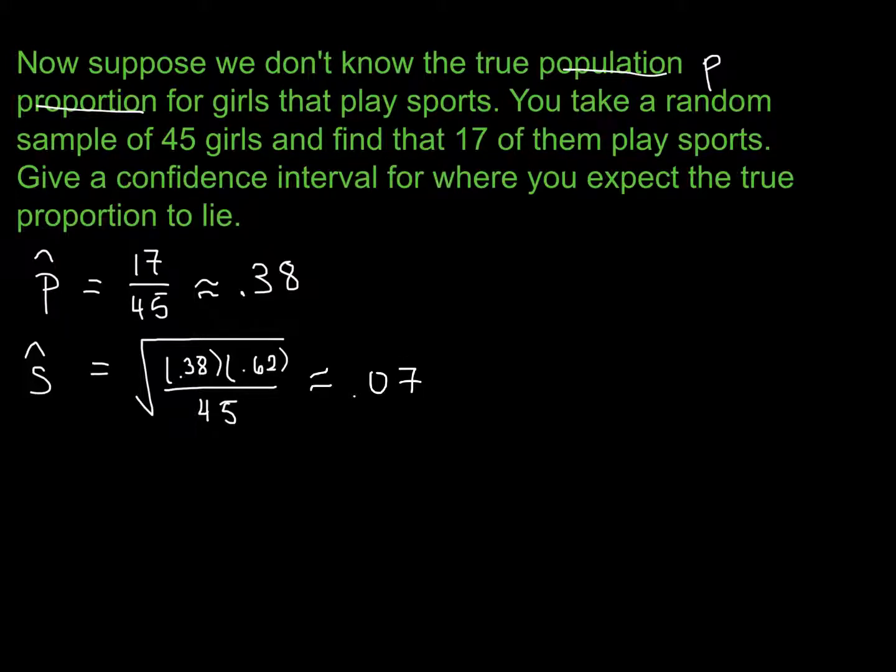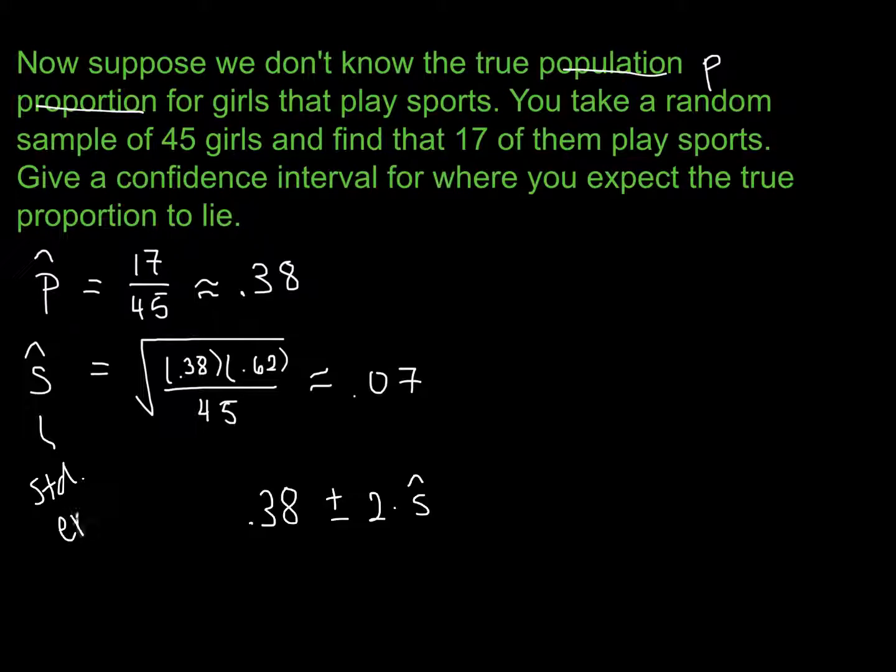Okay. So think about what we have here. We have an estimate of our proportion, about 0.38, and we have an estimate of our standard deviation, 0.07. So if we wanted to make an interval that we were really confident the true proportion lay within, we would want to move at least 2 standard deviations above and 2 standard deviations below my sample proportion. So my confidence interval is 0.38 plus or minus 2 times my sample standard deviation, or what's called my standard error.